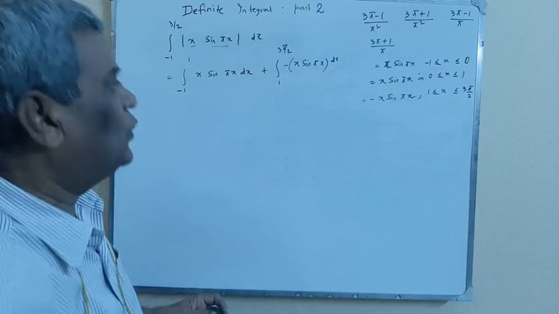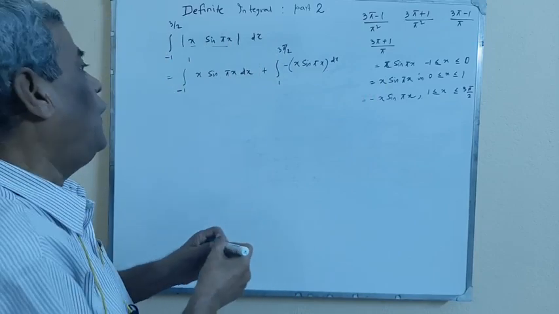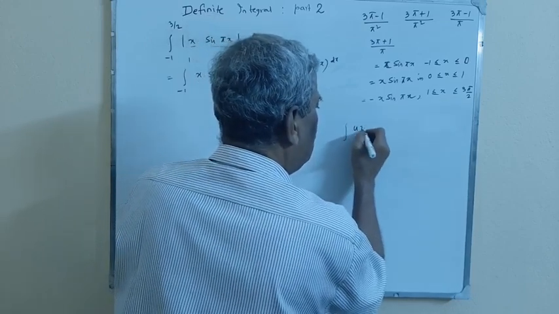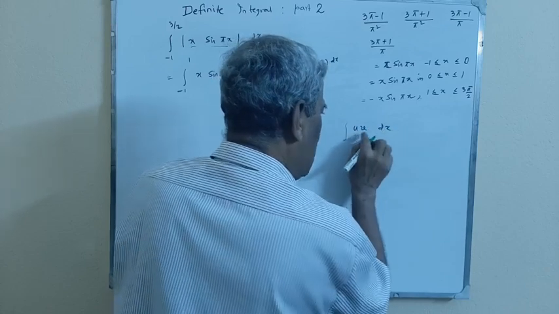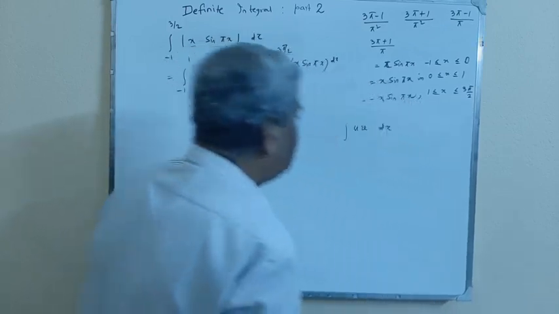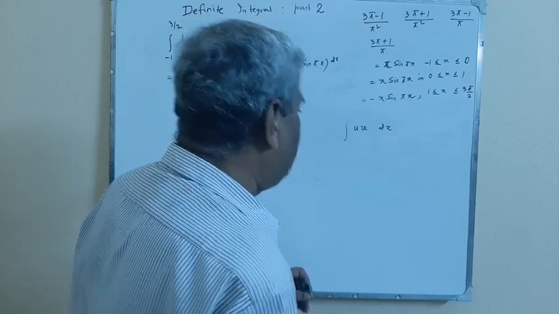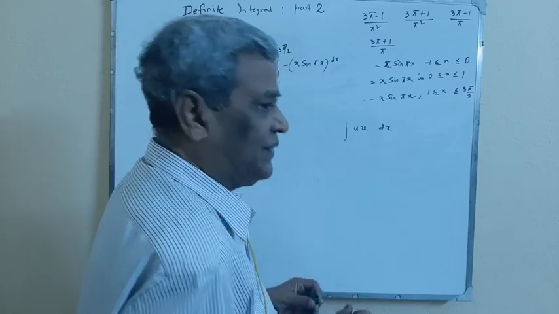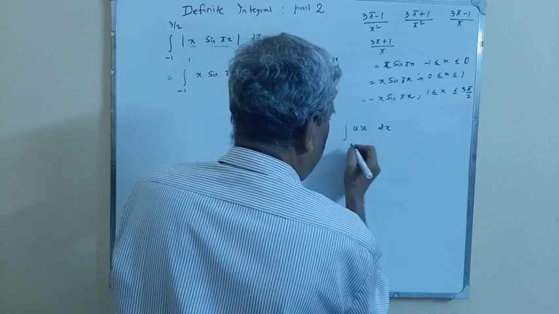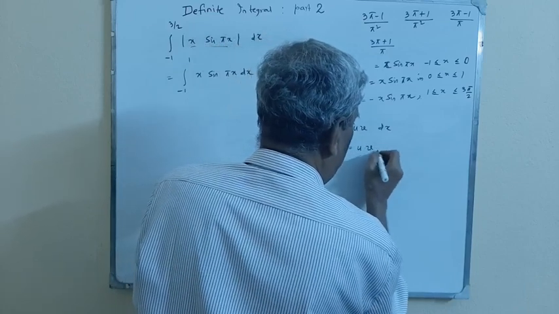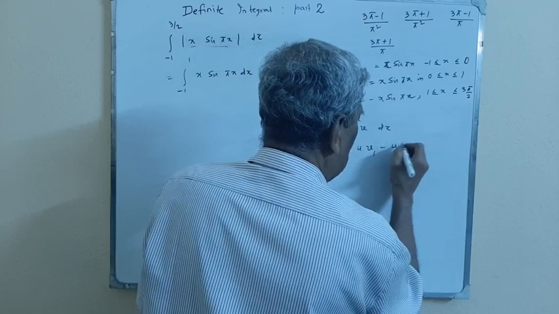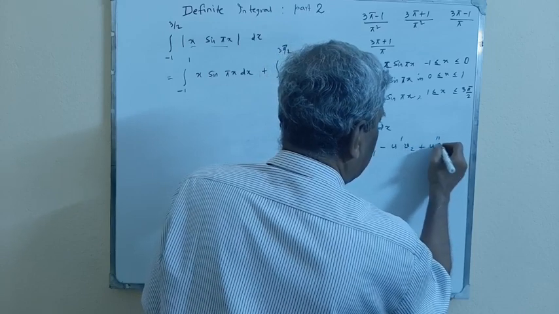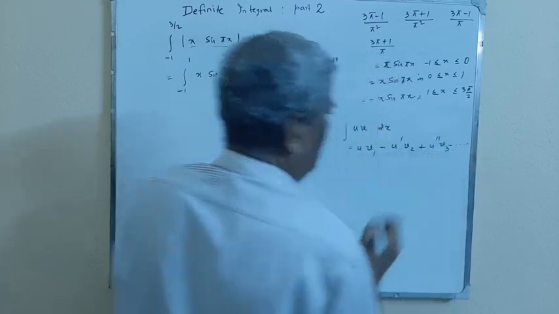So now I tell you one definite law: the integration of the form u into v dx, where u and v both are functions of x and one of them is an algebraic polynomial function, is equal to u into v1 minus u dash into v2 plus u double dash v3 minus, and so on.